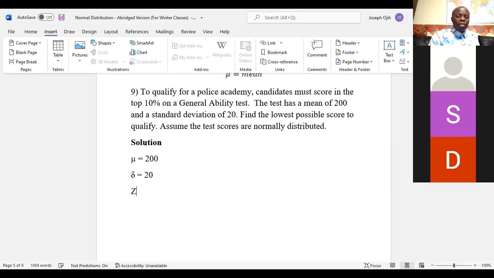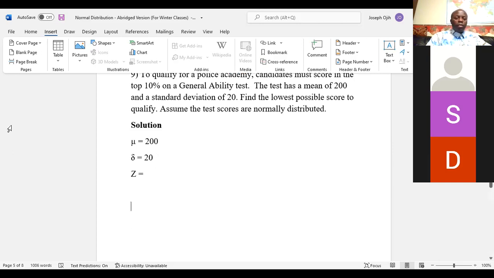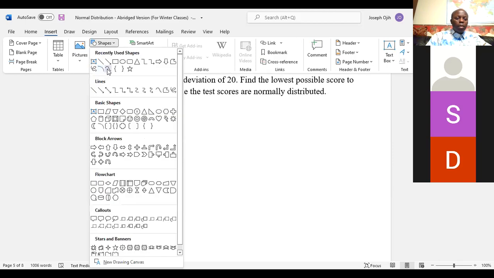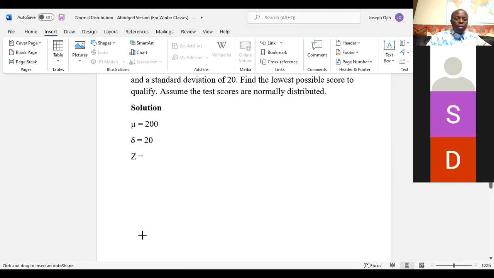Before you can get x, we need to get z. We're going to use the top 10%, which is 0.10. As a matter of fact, I have to draw it. Let me draw it first. So we draw here.